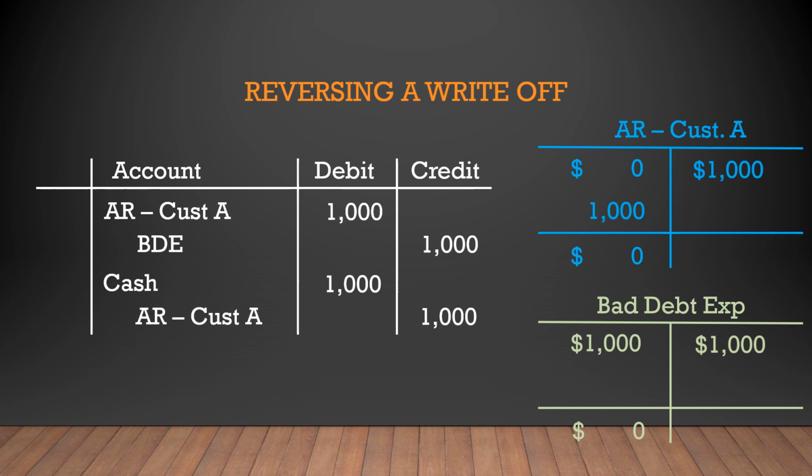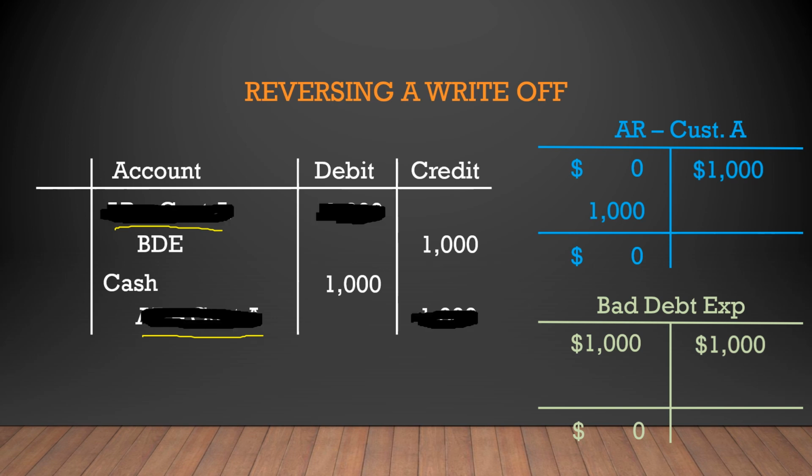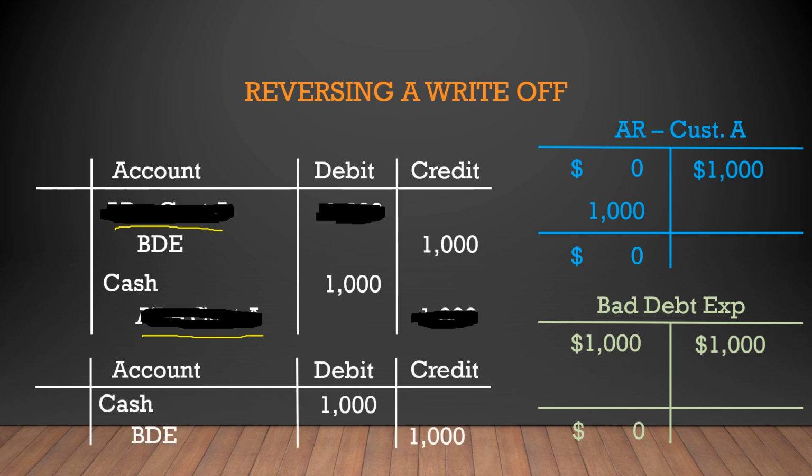At this point, you may be wondering that since the debit to AR in the first entry and the credit to AR in the second entry cancel each other out, wouldn't it be more efficient to debit cash and credit bad debt expense?